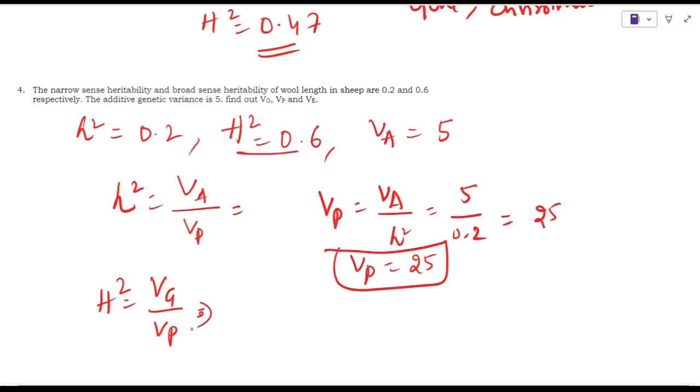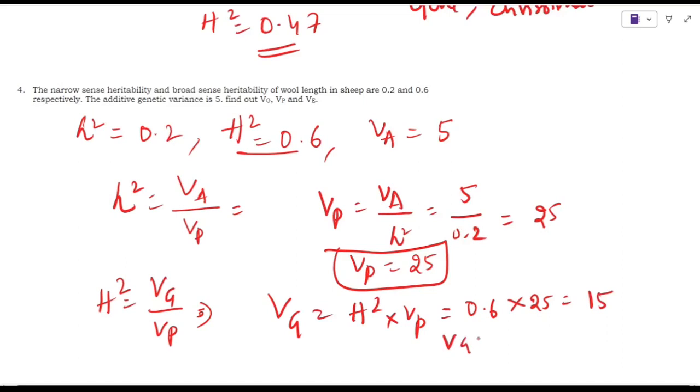So Vg is equal to H square into Vp, capital H square 0.6 into Vp, Vp is 25, and in that Vg is equal to 15.